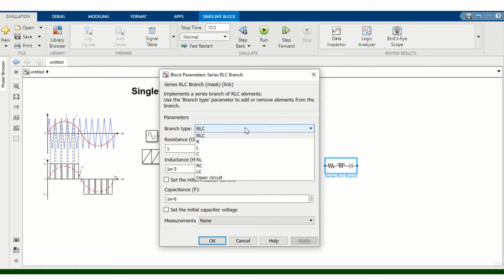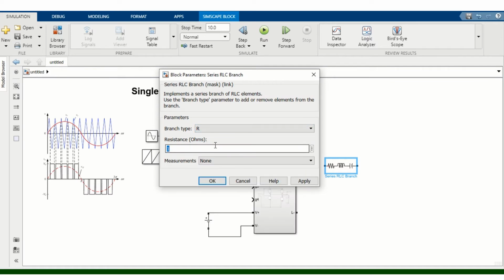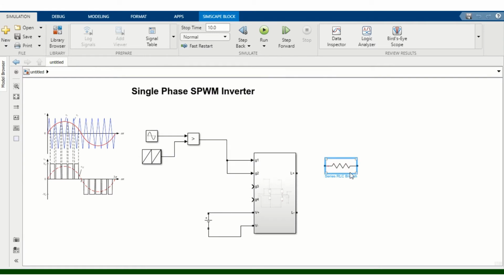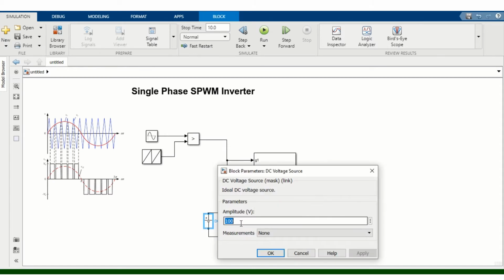Load we will keep as resistive. I will keep its value as 10. We will rotate it and connect it across the load terminals. Voltage we will keep as again 10.